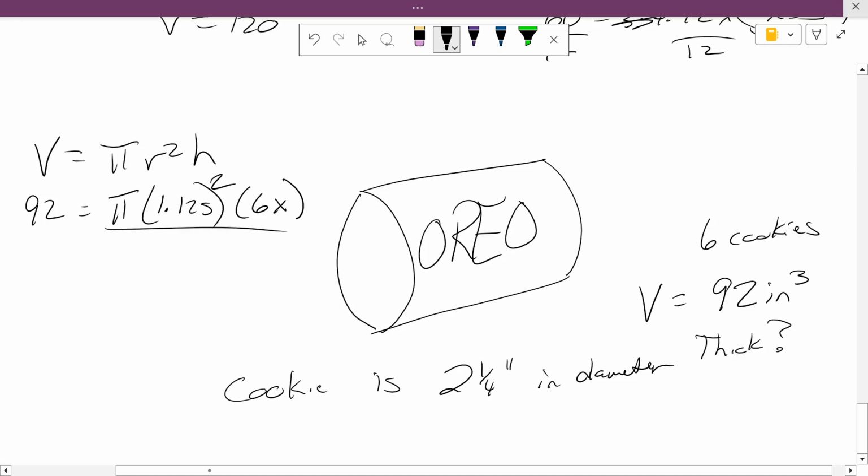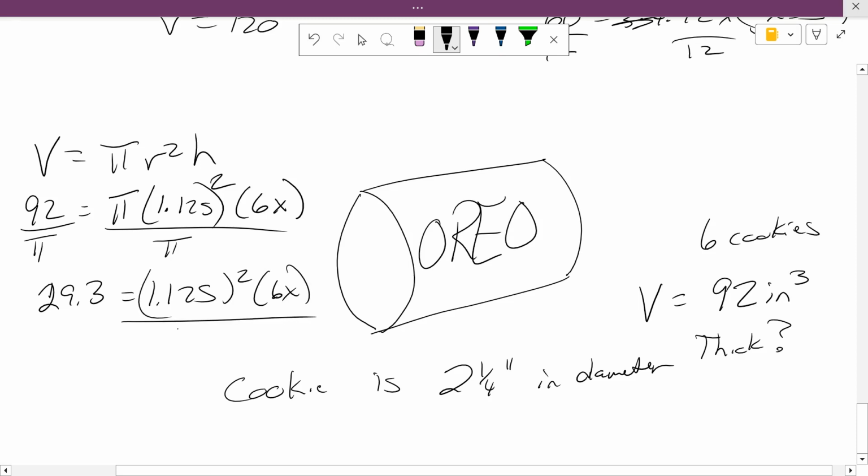So you take 92 divided by pi. What's 92 divided by pi? 29.3 equals 1.125 squared times 6x.